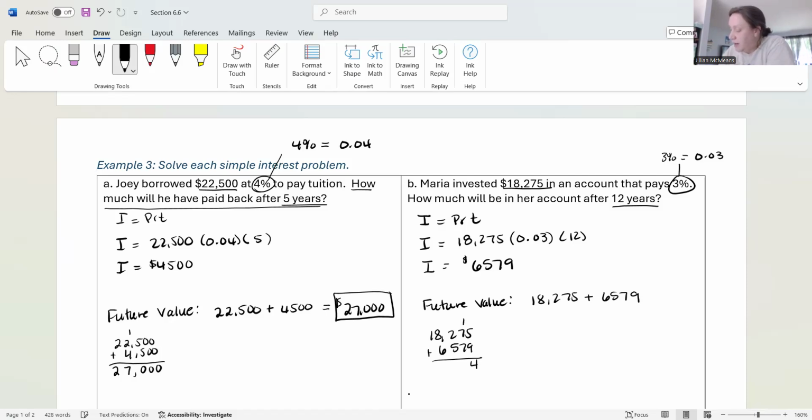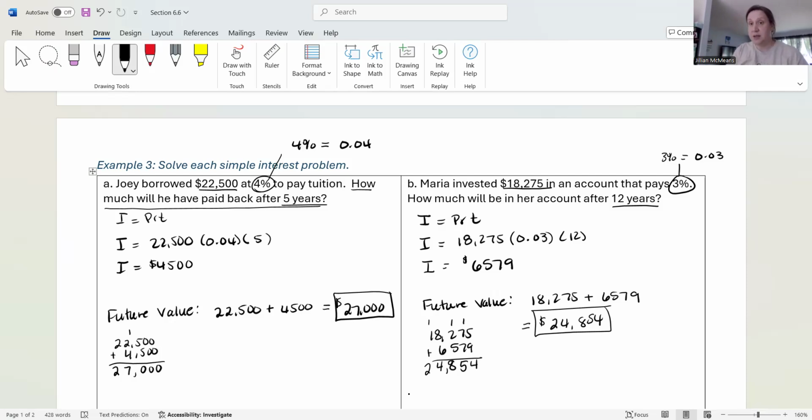So I keep a 4, carry a 1. 7 plus 7 is 14, plus 1 is 15. So keep a 5, carry a 1. 5 plus 2 plus 1 is 8. That's an 8. It looks kind of silly. There we go. 8 plus 6 is 14. So I keep a 4, I carry a 1. 1 plus 1 is 2. So at the end of 12 years, Maria will have $24,854 in her account.